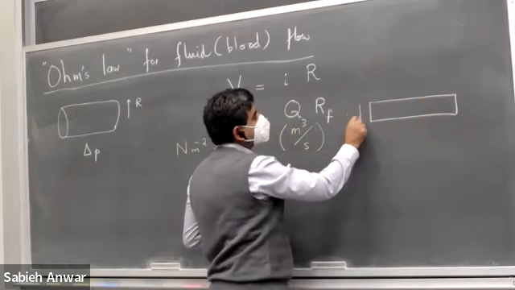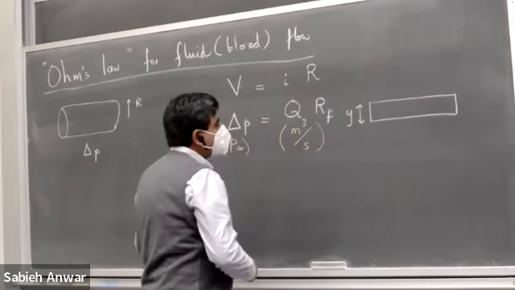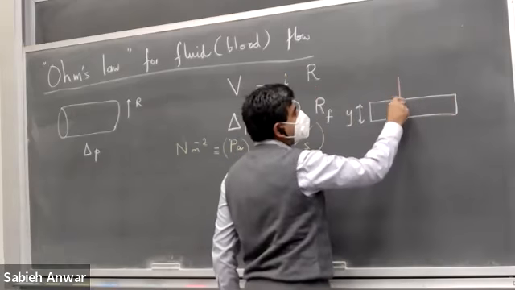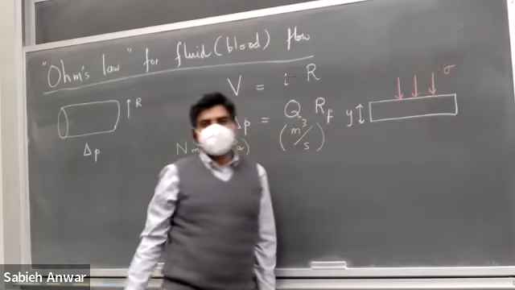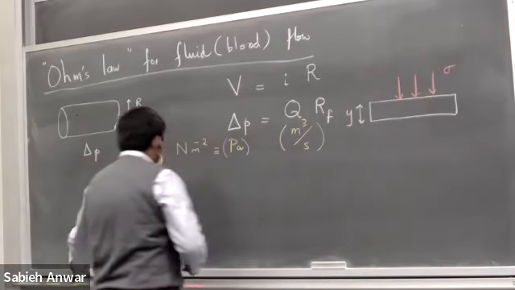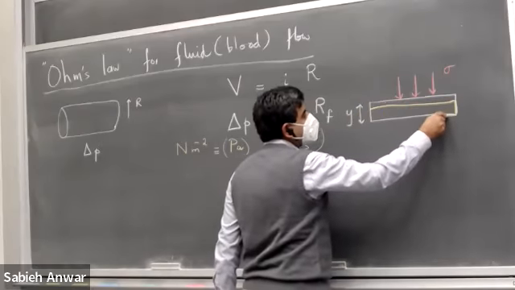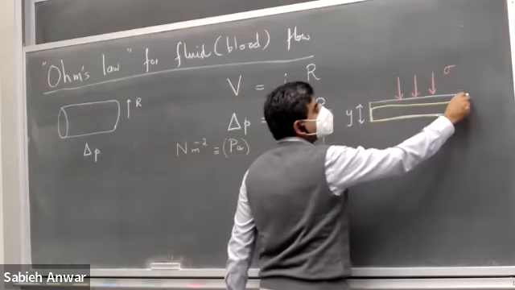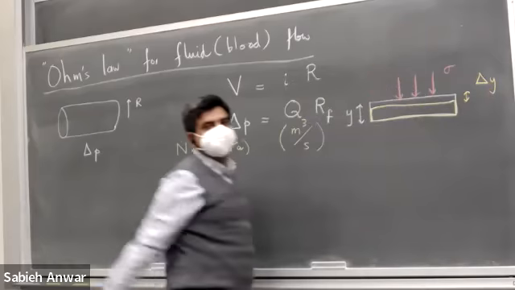There is some dimension y, and to this object, I apply a stress, sigma, which is analogous to pressure, Newton per meter square. And as a result of this stress, this object compresses, and there is some change in its dimension, and that change is delta y.